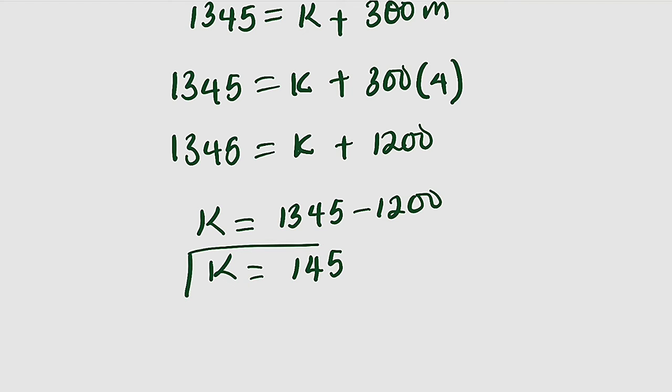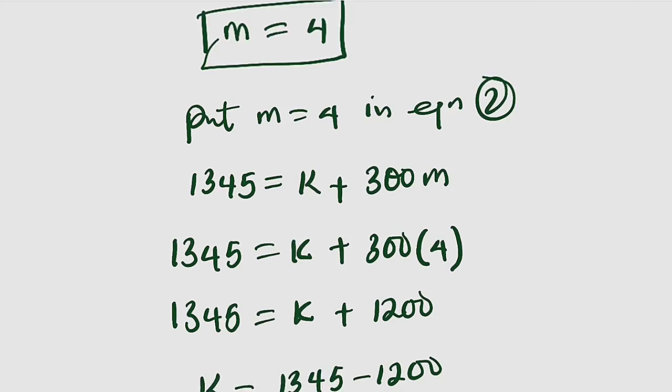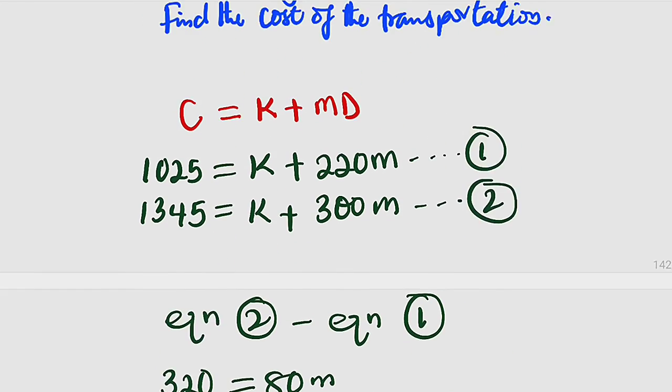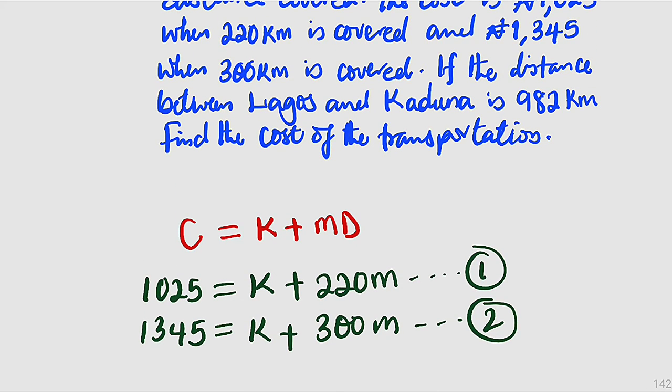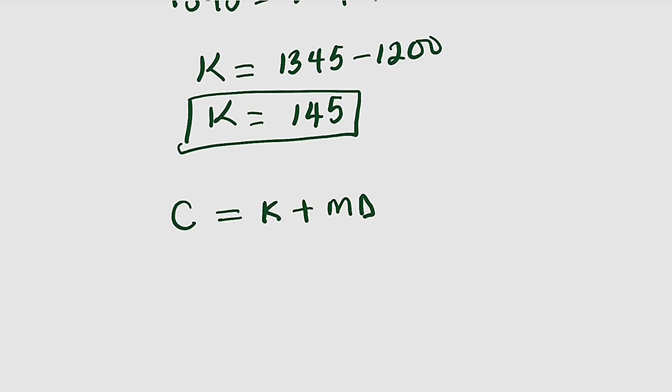All right, we have obtained the values of K and M. These are our constants. Remember, the general equation is C equals K plus MD. What are we looking for? We are looking for the total cost of the transportation from Lagos to Kaduna, which is 982 kilometers. So let's plug in 982 kilometers here.